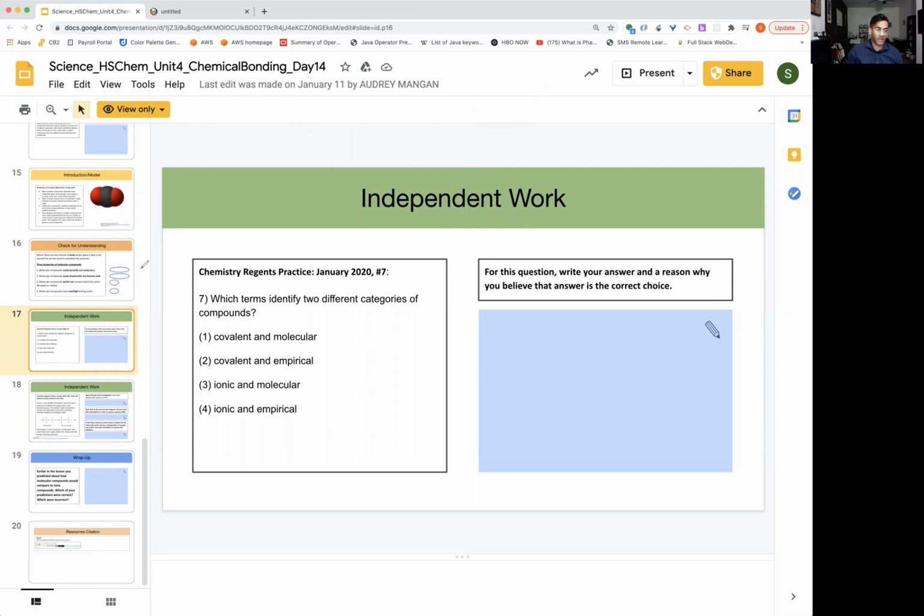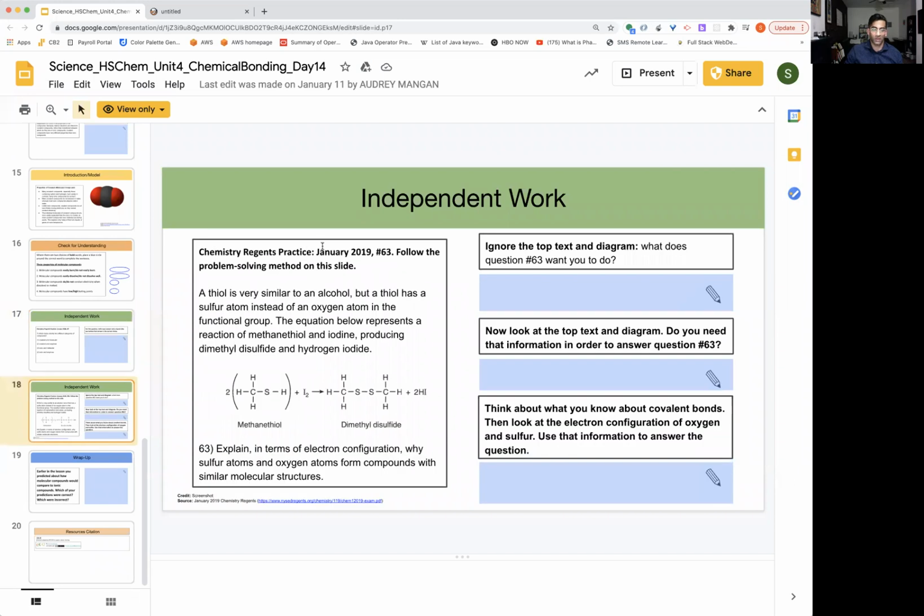Now, I'm not going to talk about the answer to the next one, but I do just want to talk about a few characteristics of a typical Regents chemistry question. So very often I tell my students to jump ahead to the question. And that's because on short answer questions and even some multiple choice questions, they will often have long descriptions of something that's interesting, but it's not necessarily related to what you're being asked about.